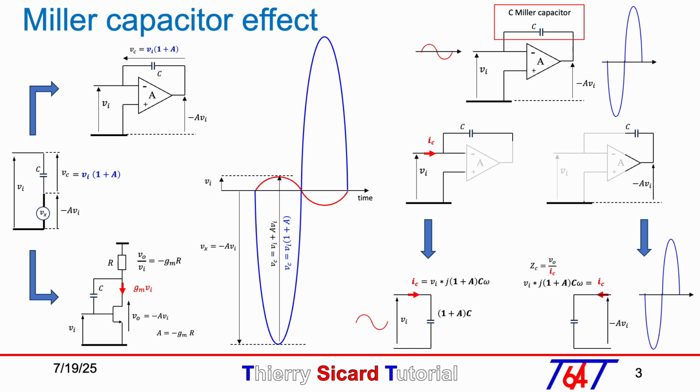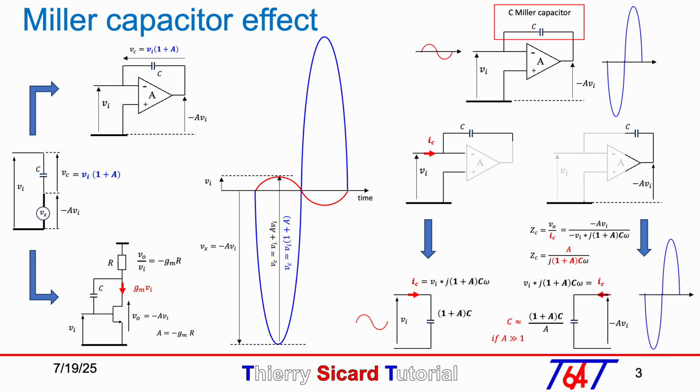The output impedance being Zc equal to Vout over Ic, Zc is equal to minus A Vin over minus Vin times 1 plus A times Cω. After adjustment, the impedance is equal to A over j times 1 plus A Cω. The equivalent output capacitor is therefore a capacitor equal to 1 plus A times C over A.